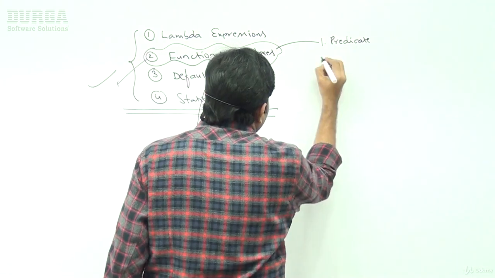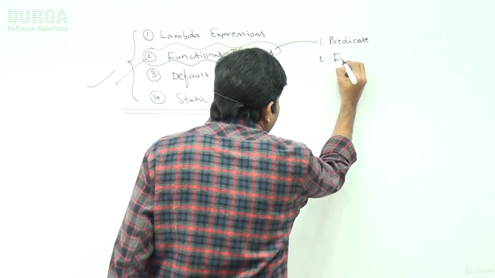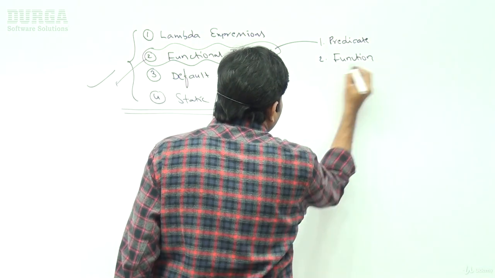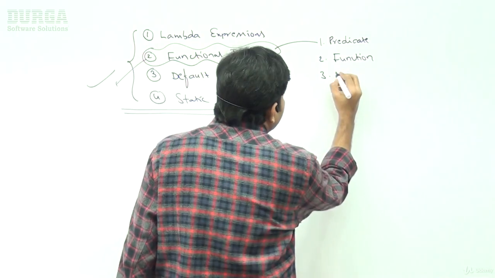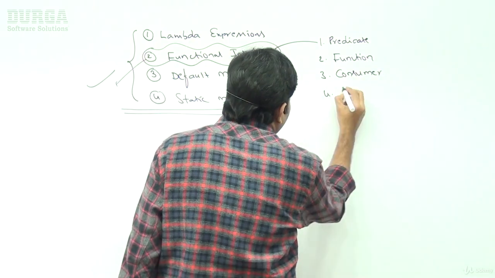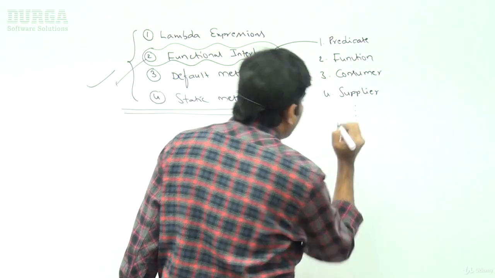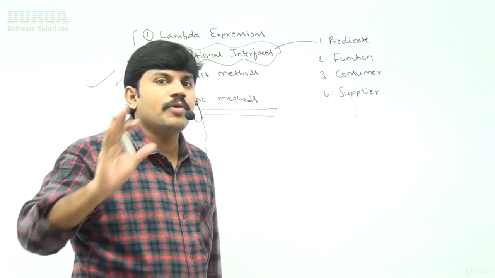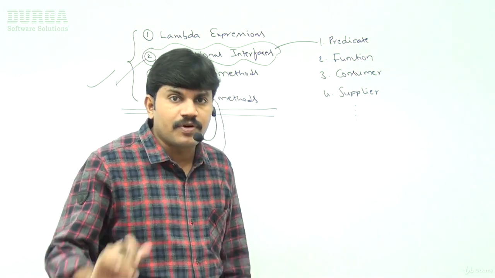The second one is Function. Third is Consumer. Fourth is Supplier. There are multiple predefined functional interfaces provided by Java.